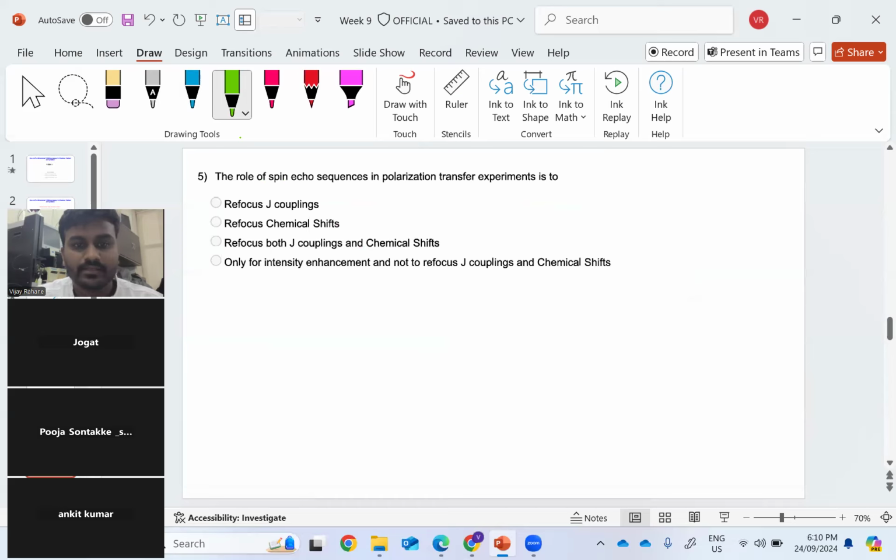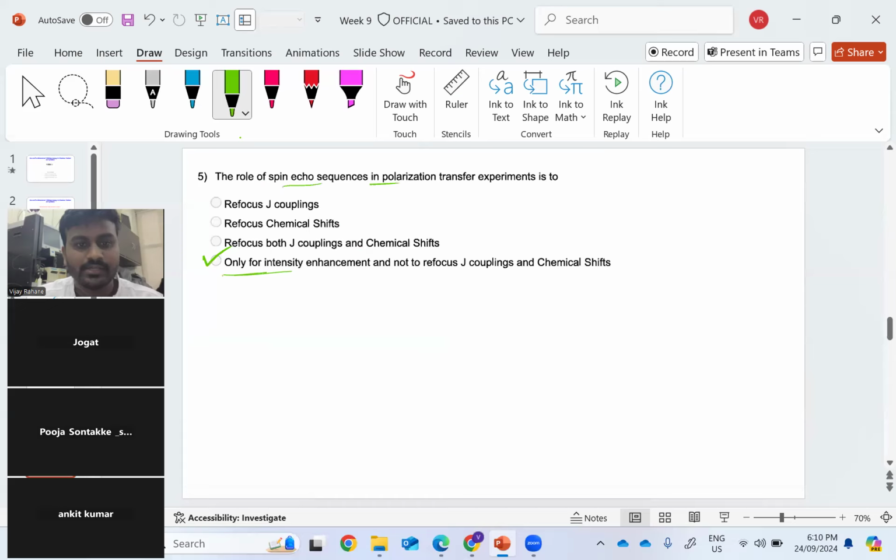In the same manner, we have one question regarding the role of the spin echo sequence in the polarization transfer experiment. This is some sort of instrumental kind of question. And I think if you look at all the questions from this week, they are all theoretical and informative type questions.